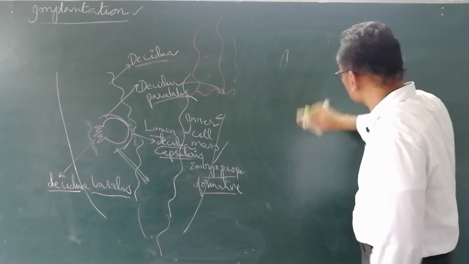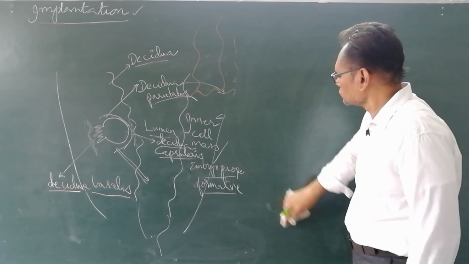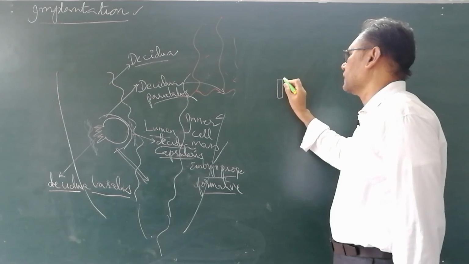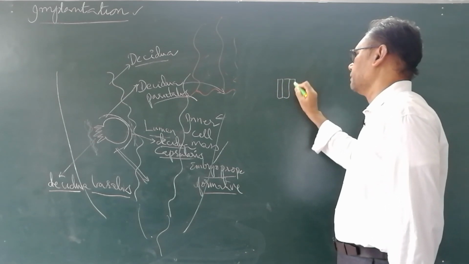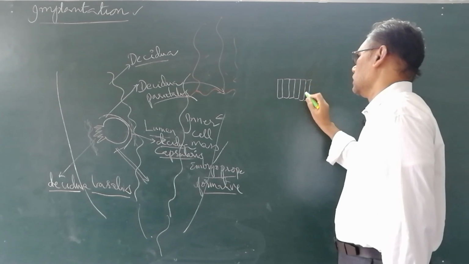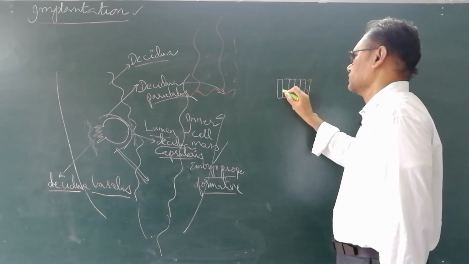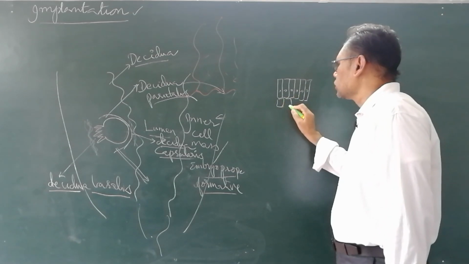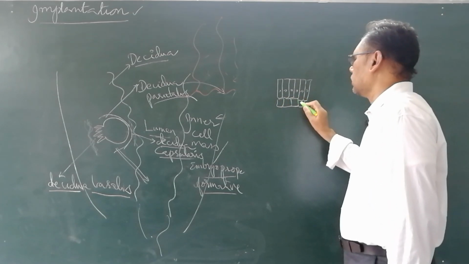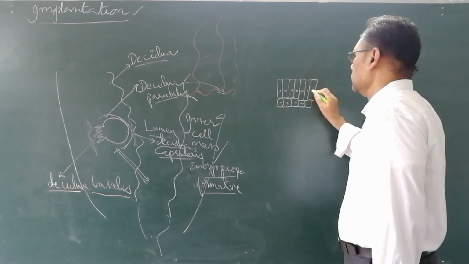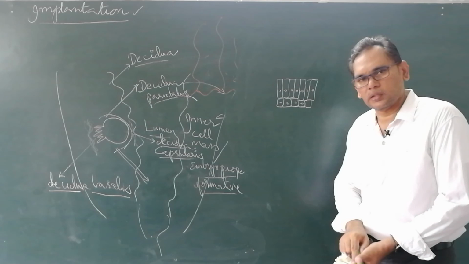Now, these are the tall upper cells, columnar. The lower cells are cuboidal. Upper cells are tall, lower cells are cuboidal.